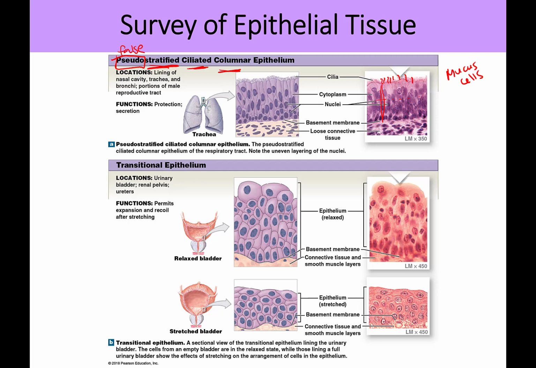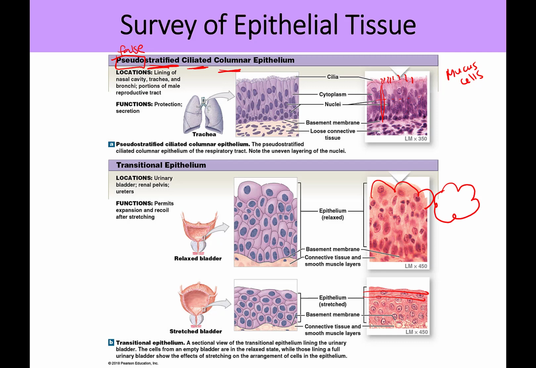These transitional tissues can expand and recoil. When they expand, in the case of when you have a full bladder filled with urine, it would stretch out the tissues, so it looks stretched and flat. But when the bladder is empty, then it would form these little fluffy flower-like structures, like how you draw a flower.